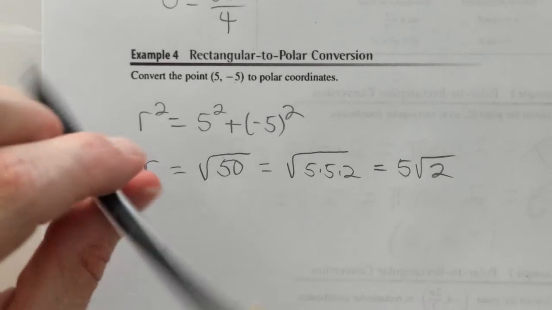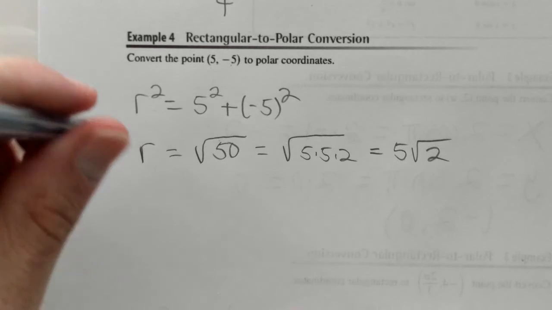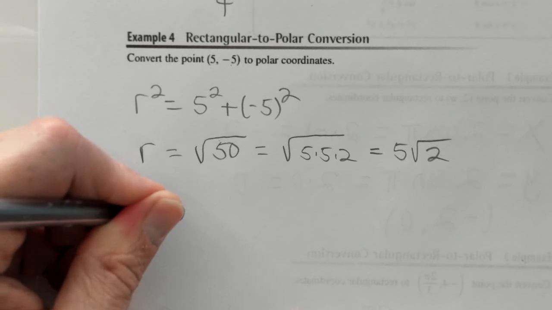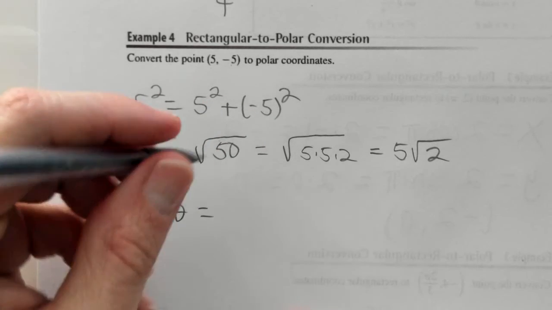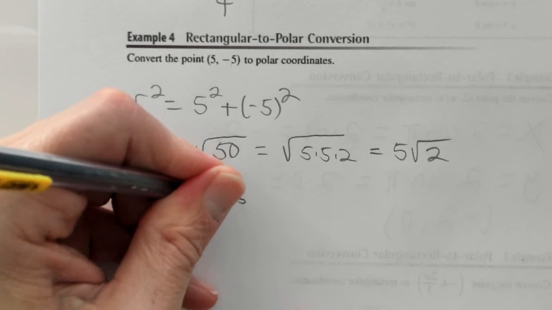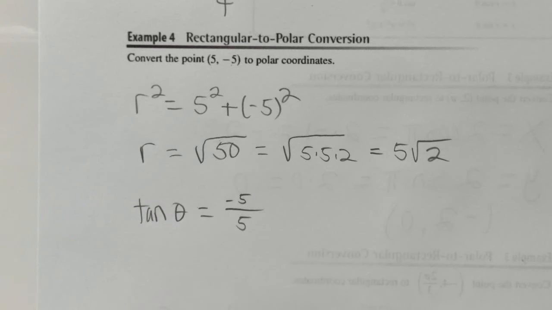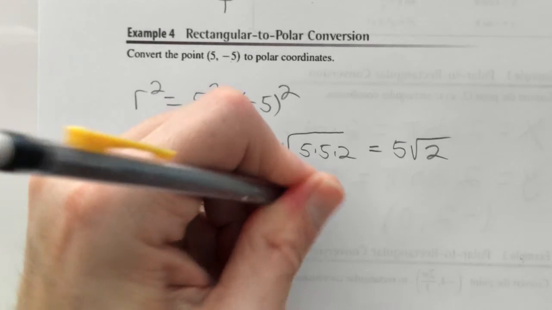All right. Now let's go with the angle. So we know from the formula that tangent of the angle is going to be equal to y over x, negative 5 over 5, right? And so that divides out to negative 1.